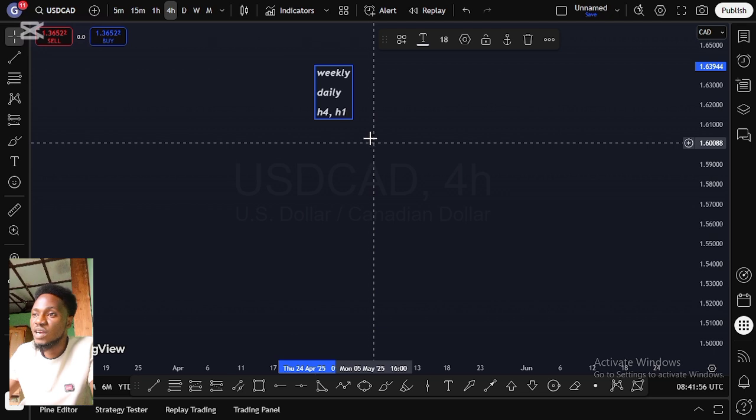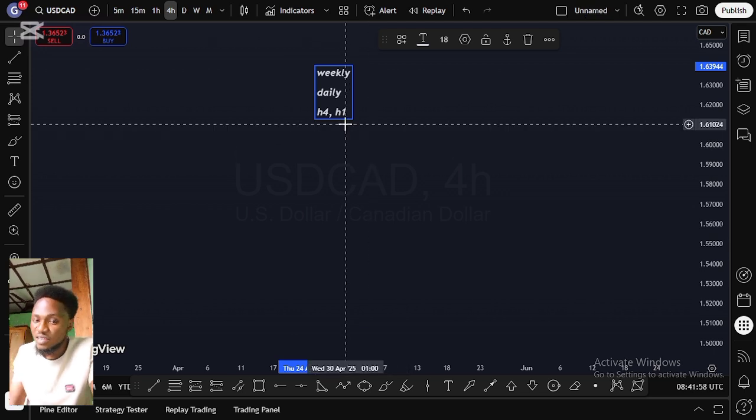Why I love to use the hourly candle is that it gives me a quicker entry, like a sniper kind of entry, and it gives me tighter stop loss. So if I'm to use 40 to 50 pips after a 4 hour candle, I might end up using 20 pips or even 30 pips, which gives me a more skewed risk to reward in that trade. So basically that's how it rolls.